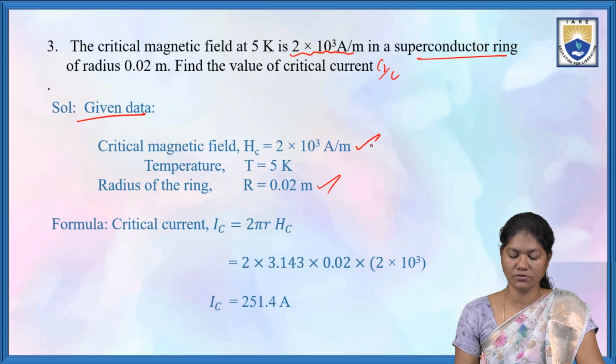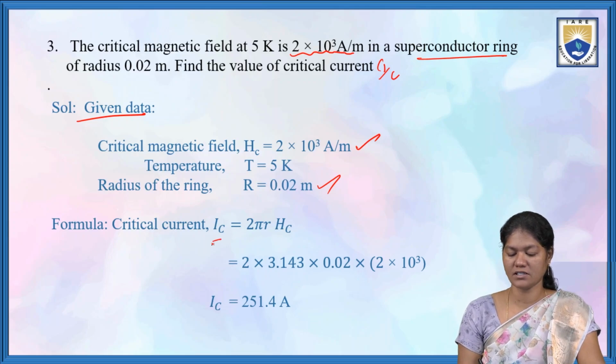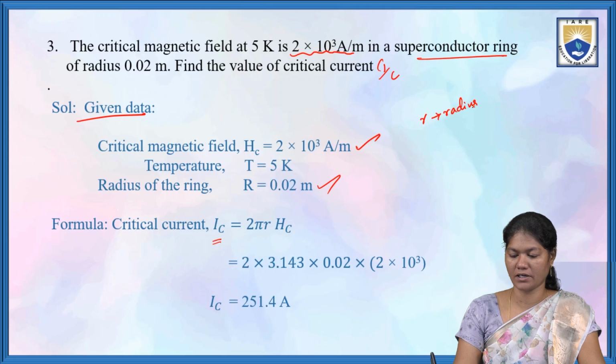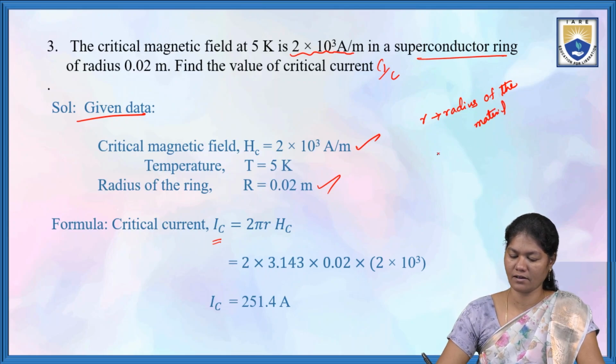So the formula for critical current Ic is equal to 2 pi R Hc, where I is the critical current, R is the radius of the superconducting material, where Hc is the critical magnetic field.